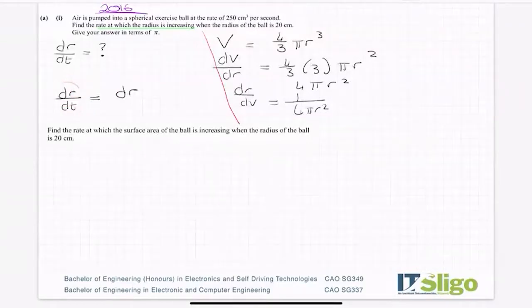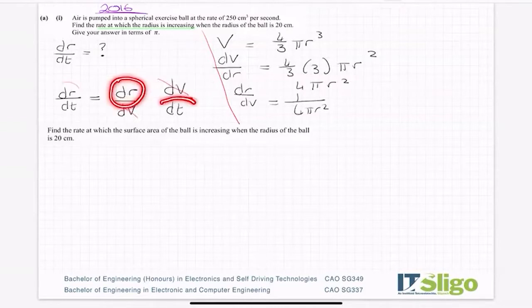I know I need a dt on the bottom. I know there's nothing up here that's going to give me the rate of change of radius with respect to time directly. So it's an indirect calculus. When I saw dV/dr appearing here, I reckoned if I flip that, then I could put my dr/dV in here. Now why did I put dV up here? Well, because in effect, I can cancel those two, if you can see that, and I'm left with dr/dt.